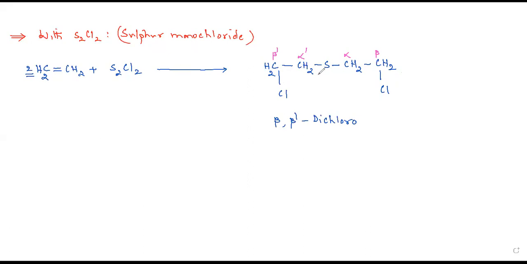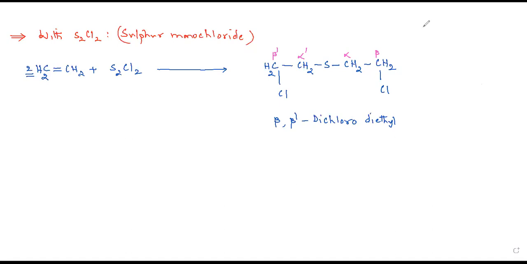Now see, it was originally an ethyl group. Even this was also an ethyl group, right? But a hydrogen, of course, is replaced by halogen. So let me write it this way. Beta beta dash dichlorodiethyl.